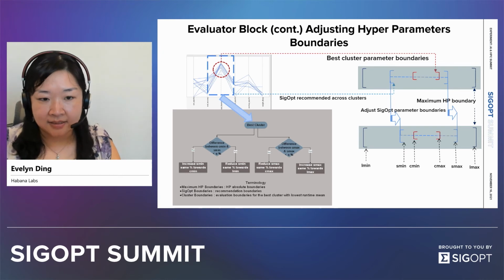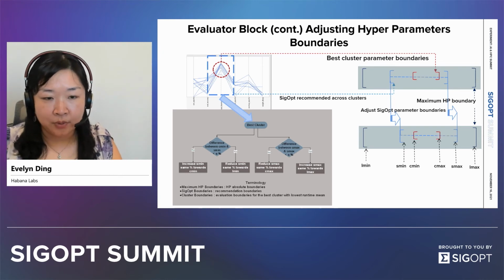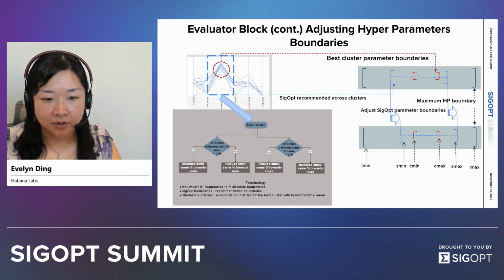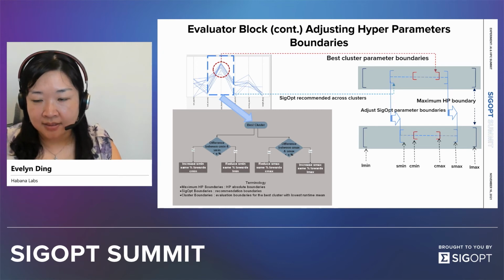On the next slide, we continue building our evaluator block. On the top left corner, once we select the best cluster, we use the boundary of this cluster highlighted in the red circle. We translate this red circle, the search space, to the right, where we can see the space between the red brackets.